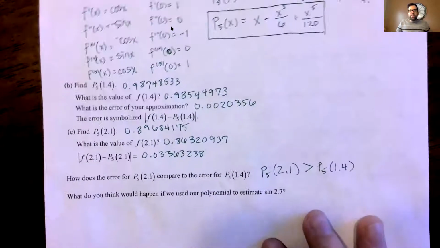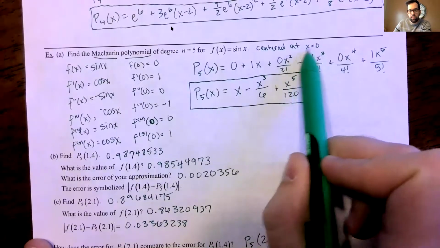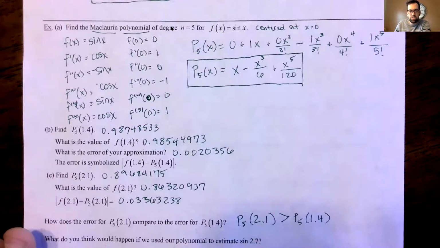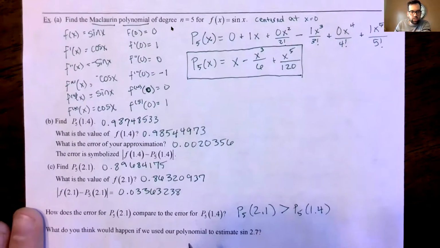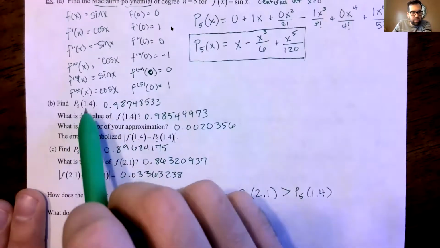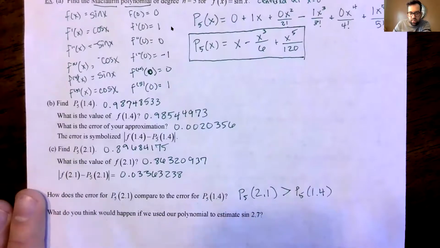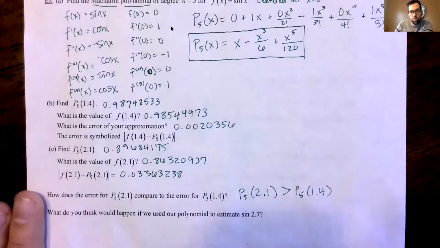And if we think about the visual of the graph that we've been looking at problem after problem in these notes, it should make sense that the further away that we get from where we're centered, the worse the approximation is going to be. So in this question, since we were centered at 0, the approximation at 1.4 is going to be better than the approximation at 2.1 because 2.1 is further away from 0.